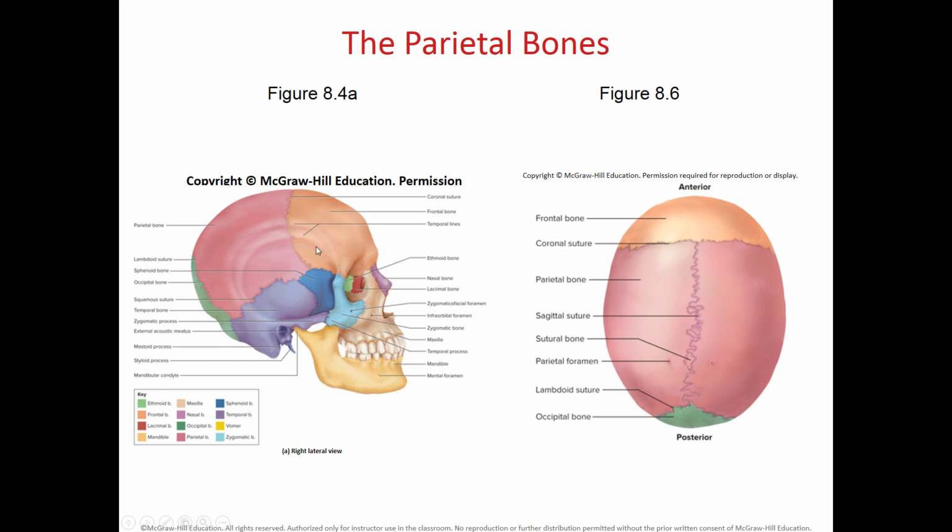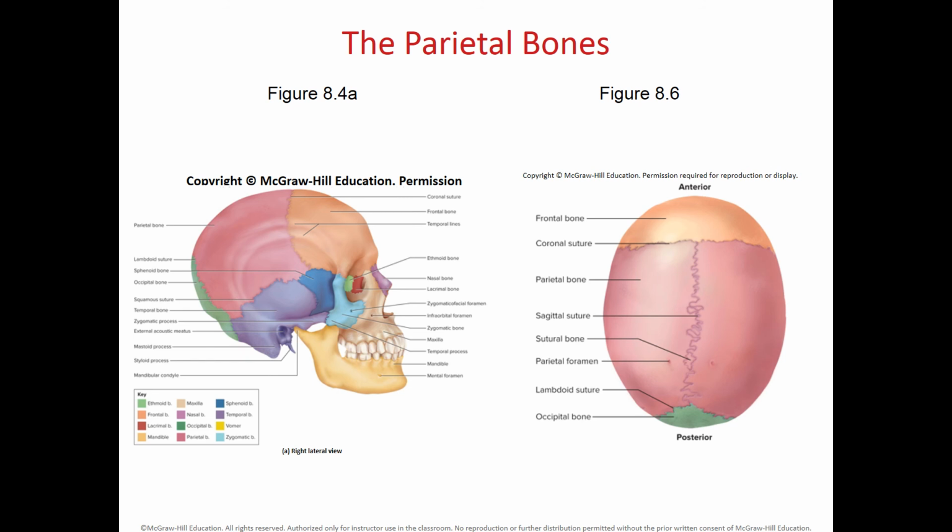Now these temporal lines are not only part of the parietal bone, but also part of the frontal bone, as you can see here. Now the parietal bones make connections, the right and the left. This connection between the two parietal bones is called the sagittal suture.